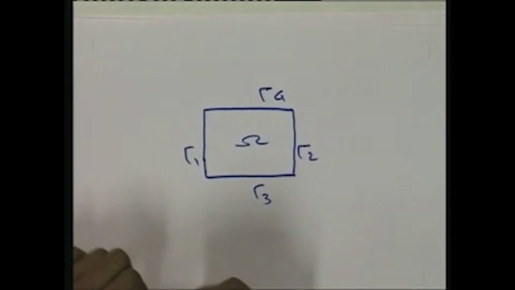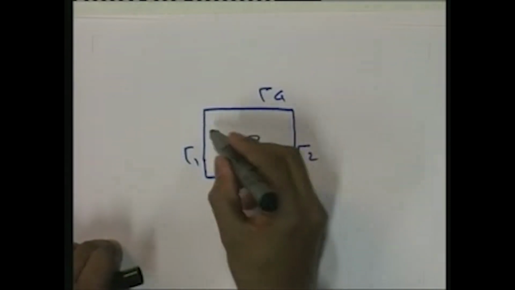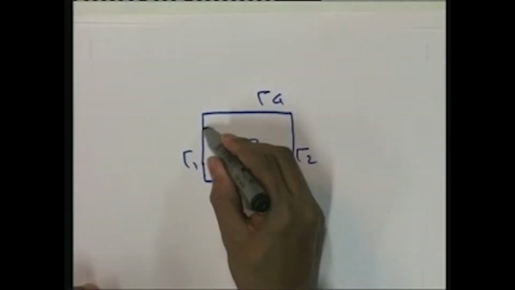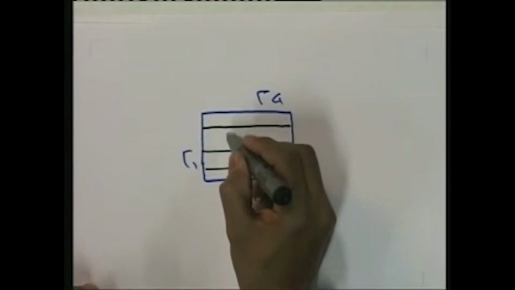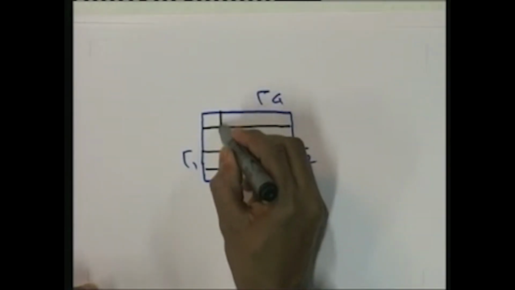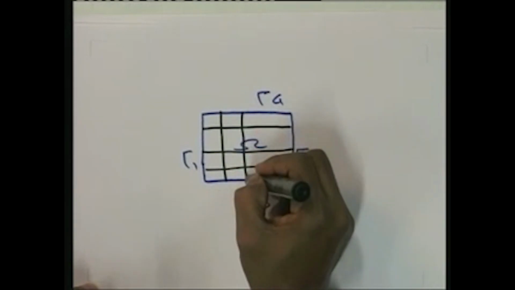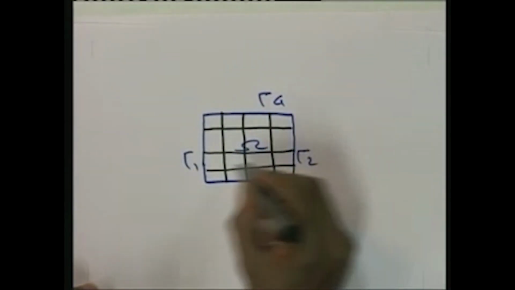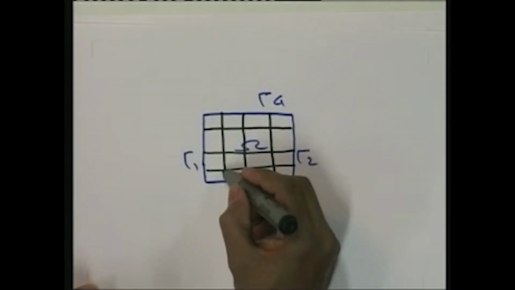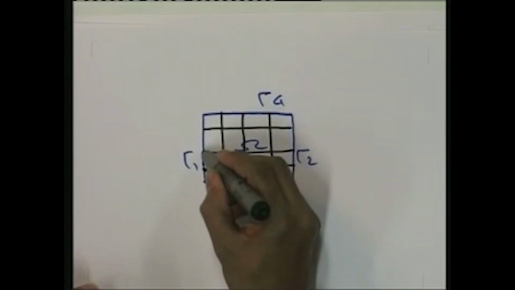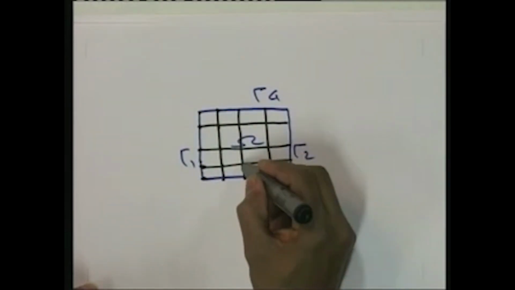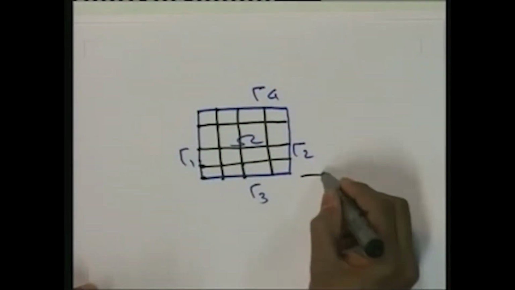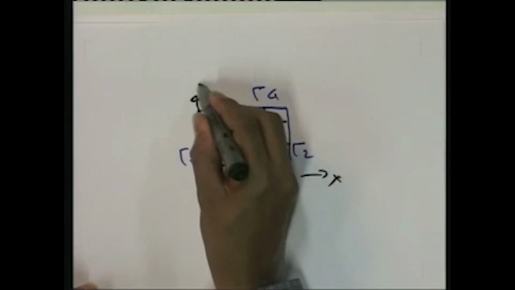In the finite difference method, we will be representing this domain with respect to grid points. We can discretize the domain into square or rectangular grids like this, and represent the domain with respect to these grid points, where this is the x direction and this is the y direction.